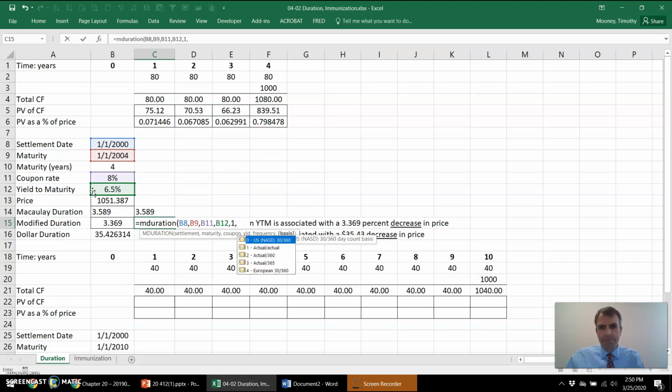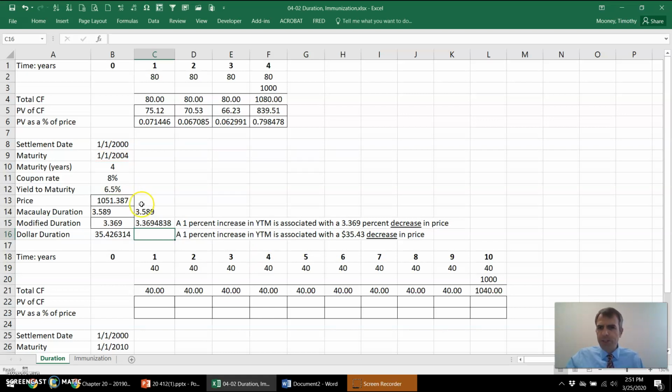If you buy a bond on a coupon date, it doesn't matter what basis you put in, so we can leave the argument blank. Whatever you choose won't affect the final result. And so here's the modified duration. There's not really an easier way to find the dollar duration other than taking the modified duration divided by 100 and then multiplying that whole thing by the price. Just be careful with these parentheses for the order of operations.